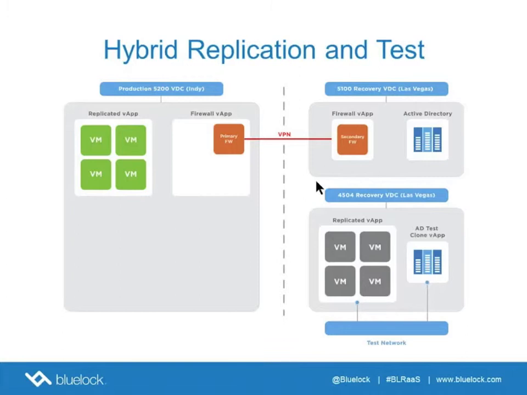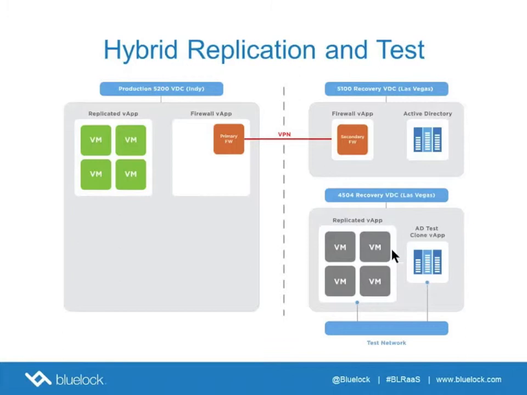In this particular situation, when the client wants to perform a sandbox test, the first step in the runbook is to do a snap clone of their Active Directory server that's already sitting out there in Vegas, out of their production data center into that vApp that you see there in the bottom right. Once that's done and that's up and online, the VMs here can be brought online through a standard declaration, and they're all connected to the test network, and all of that is isolated from the production network, so none of that information ever goes back into production.